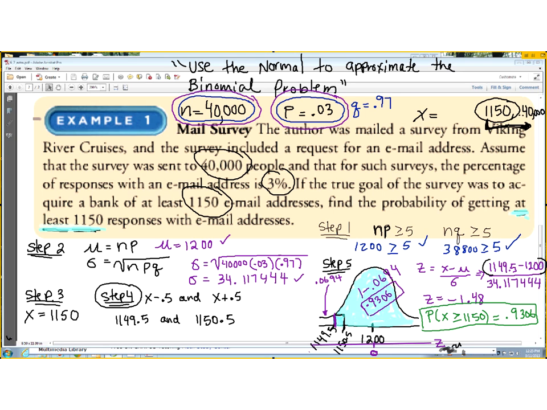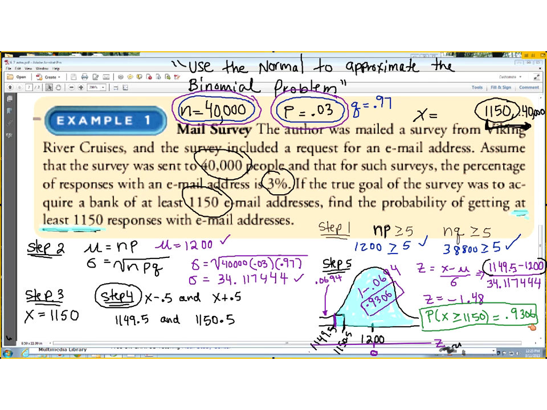Look at the very beginning when I started explaining; we can only use the normal to approximate the binomial. So the answer that you see here is just an approximation. When we use the normal to approximate the binomial, it's only an approximation. What I've just done is an application of the normal distribution.